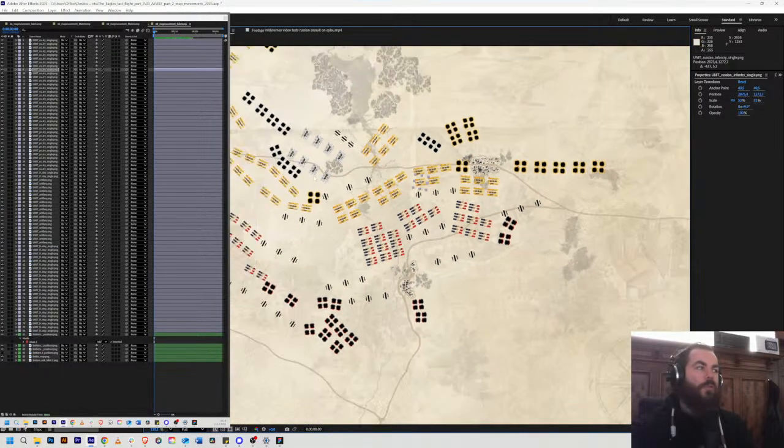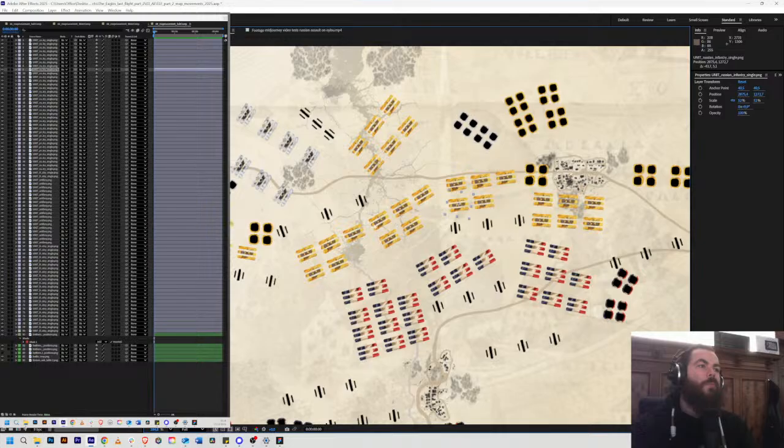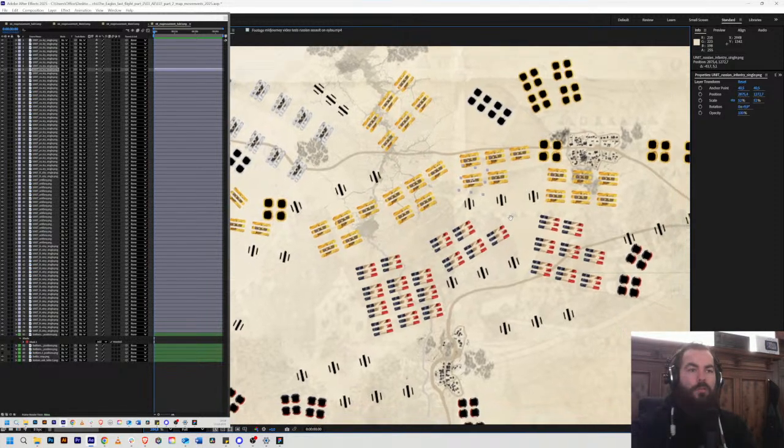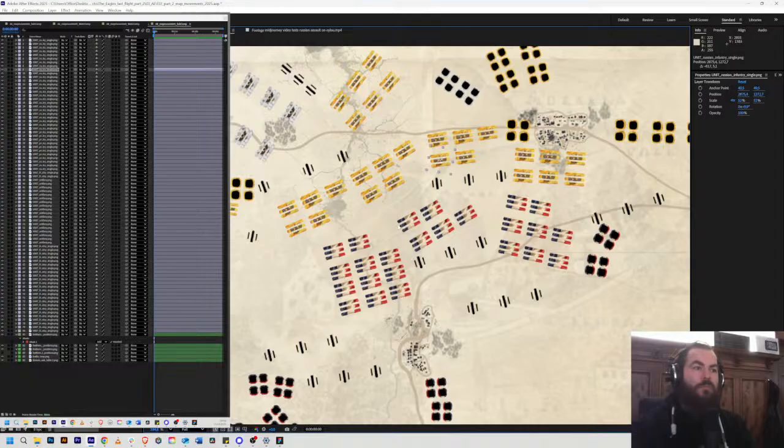Last composition I had 270 layers. Let's see how much this one will be. Oh, we also need the artillery.